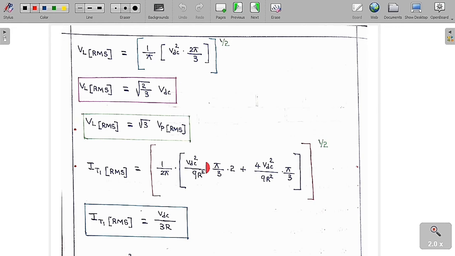Simply, we can say VDC by 3R whole square into 150 degree plus 2 VDC by 3R whole square into 60 degree. If you solve this, finally we get the RMS value of thyristor T1 current: IT1 RMS is equal to VDC by 3R. This is the RMS value of the thyristor current.